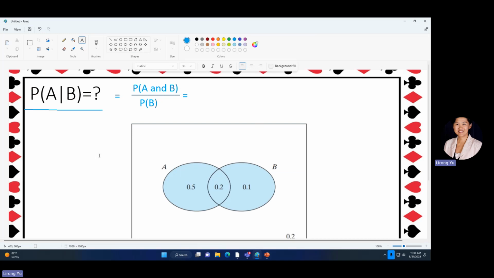The probability of A and B in this picture is 0.2, and the probability of B is the total over B, which is 0.1 plus 0.2, which is 0.3. So the denominator will be 0.3, and the answer to the question will be 2/3.